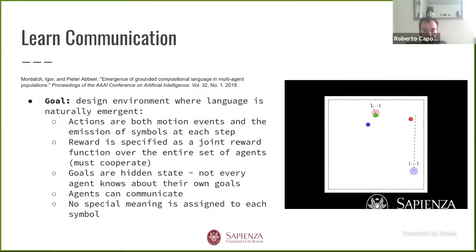In this task they need to communicate because the goal of each agent is to have the other agent doing something else. For example, the green agent needs to say to the red agent, go to the red dot.